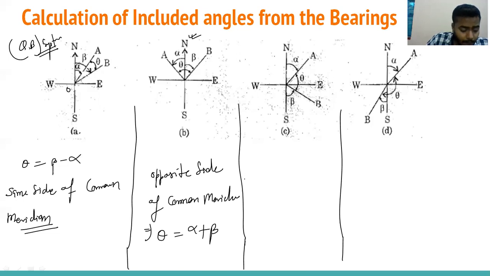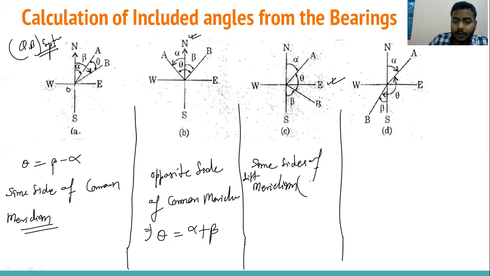Case 3: when bearings are measured on the same side of different meridians. Same side means both are from the east side, and the meridians are north and south, one is north and the other is south.